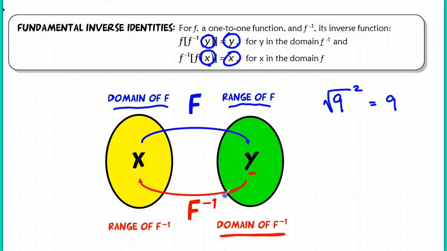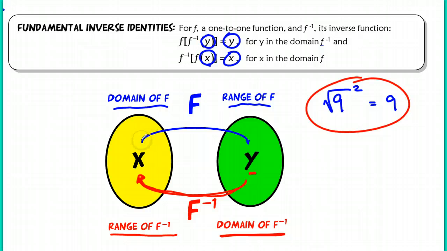So when you map it back, you end up with your range of f inverse. Okay, this is kind of like a circle here. It's the same idea. You apply your mapping, right? And once you get here, you're mapping it right back to where you started.